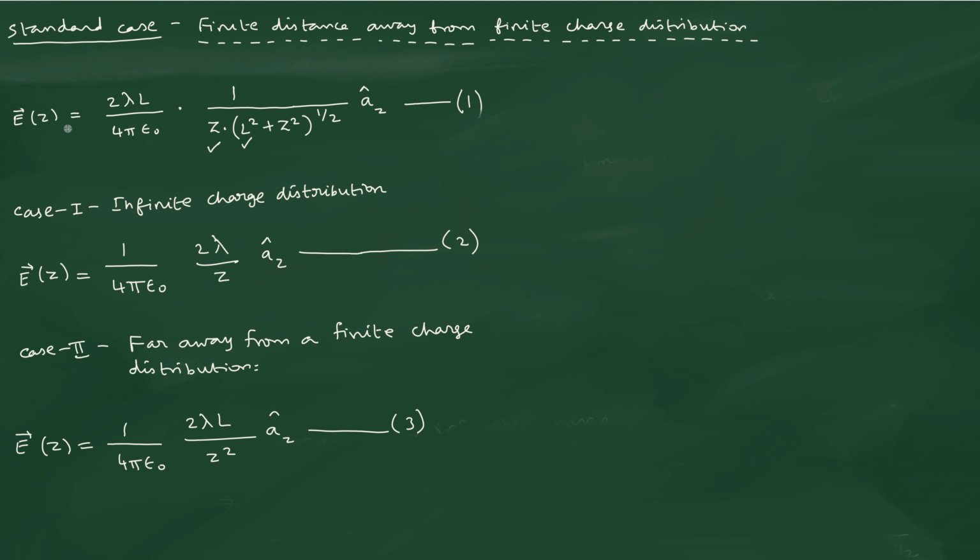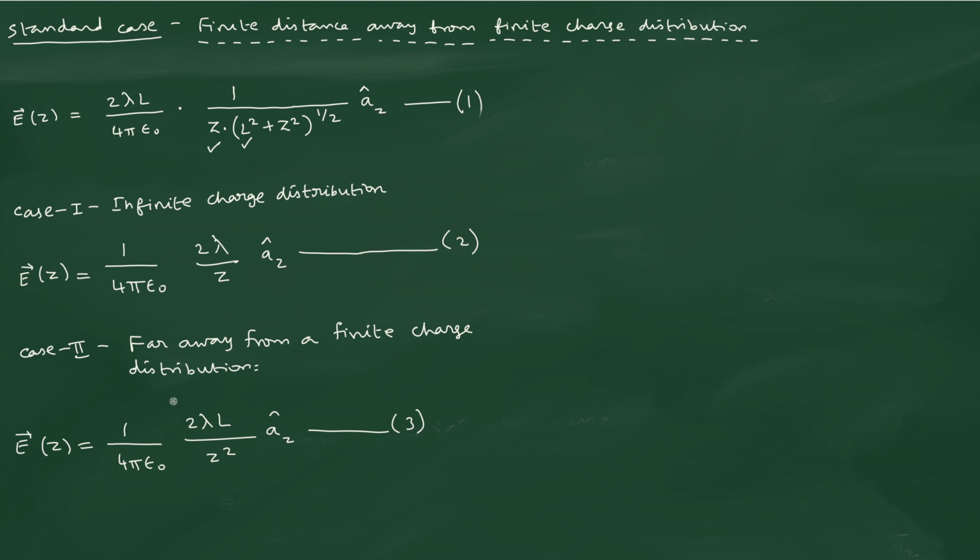So till now, whatever we have discussed, namely the original equation, which means equation number 1, and the two special cases, all three of them I am now summarizing in a single place here, so that you can compare and contrast each one of them, and then note down their special features. Namely, in the first case, you can't say that it is inversely proportional to 1 by Z, neither can you say 1 by L. Whereas in the case of the infinite charge distribution, you can clearly say that the electric field is inversely proportional to the distance from the wire, which is the 1 by Z here.